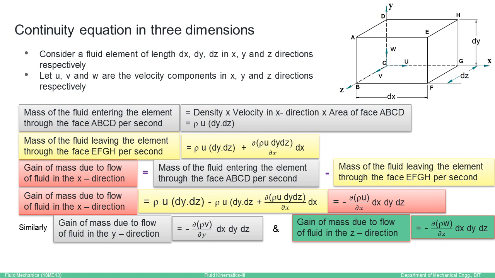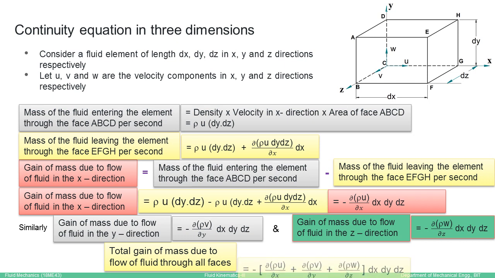So if you want the total gain of mass due to flow in all directions, you just have to sum them all up, that is minus of ∂(rho u)/∂x plus ∂(rho v)/∂y plus ∂(rho w)/∂z multiplied by dx dy dz.